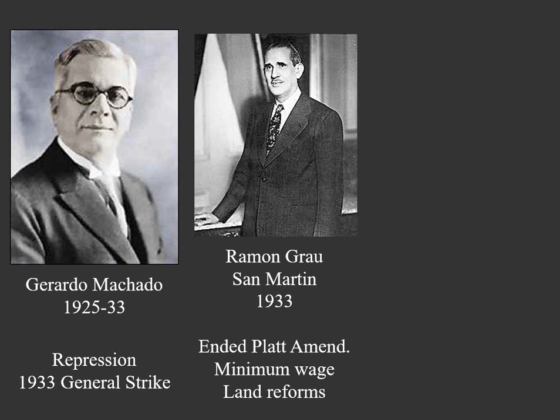He takes office, and he becomes a pretty exceptional president in a lot of ways. In his first 100 days in office, he ended the Platt Amendment, which had given the United States so much power over the Cuban government. So he stops that pretty much immediately when he walks into office. He built up a minimum wage for Cuban workers.